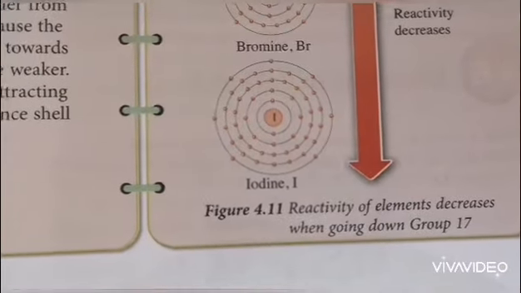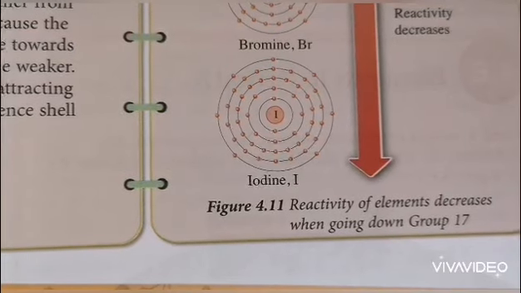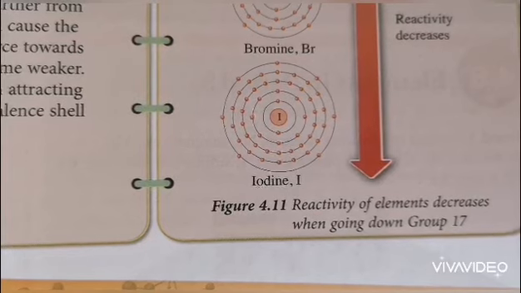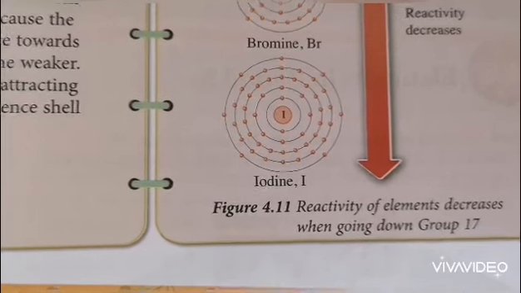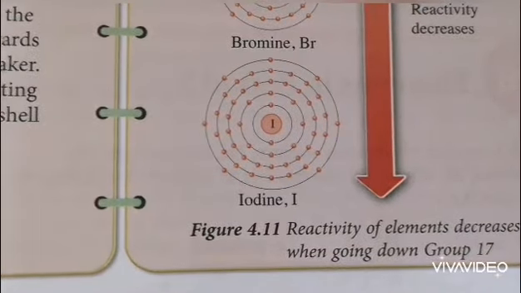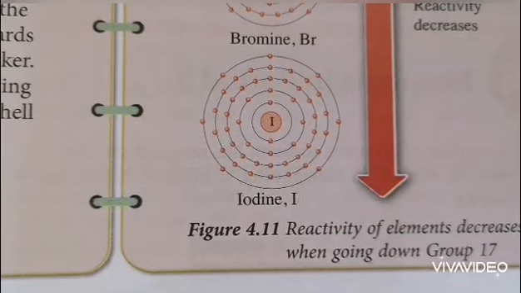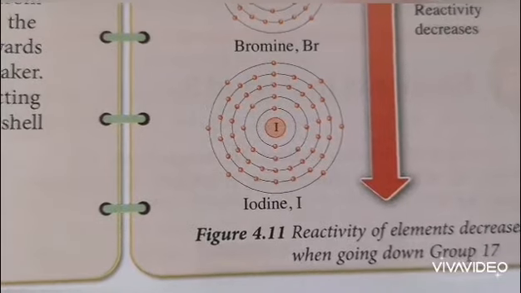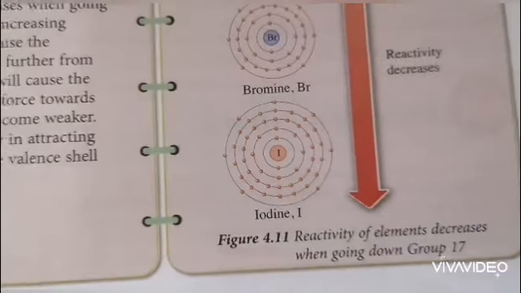Iodine atom, okay, don't worry about the number of electrons in the inside shells. We just look at the number of electrons in the outermost shell. How many are there? The outermost shell.